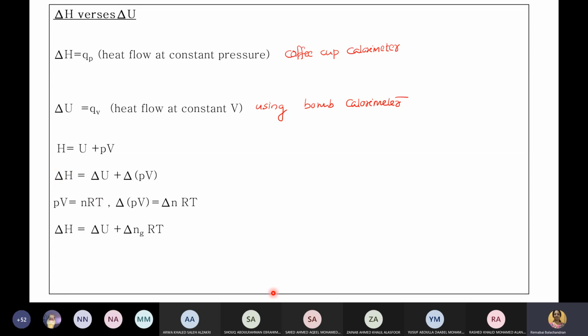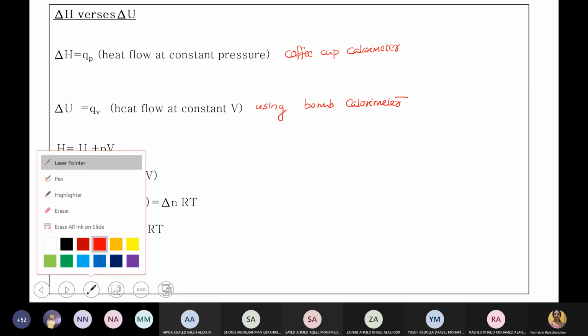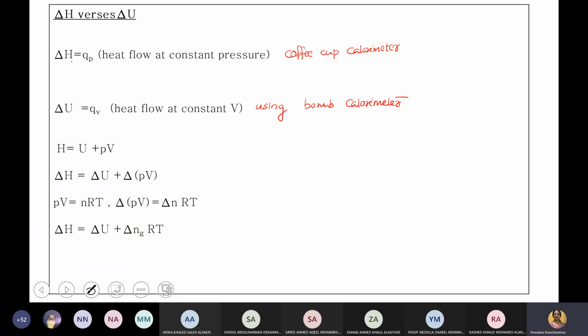I will write here one more: delta H is called enthalpy change, and delta U is called internal energy change.